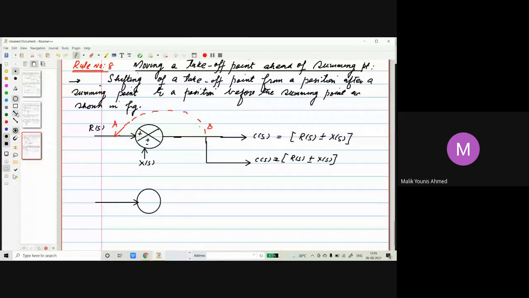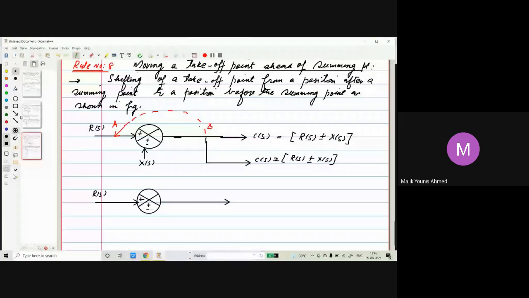See here, the output is going to remain the same. That output. Have a look. Plus minus. This is your input R of S, and this signal is again not going to change.